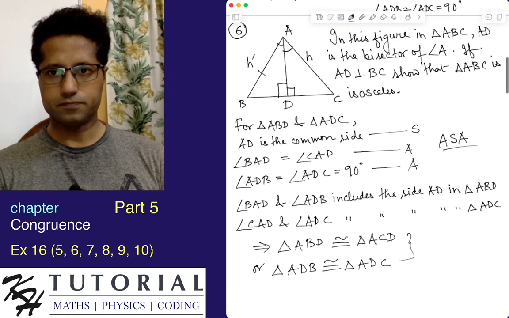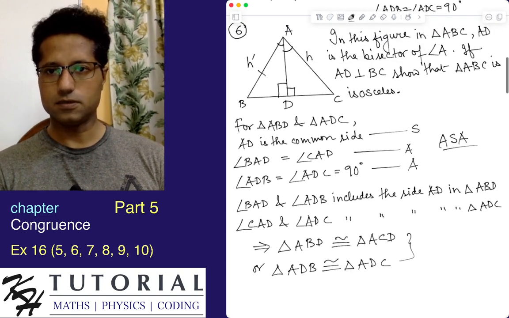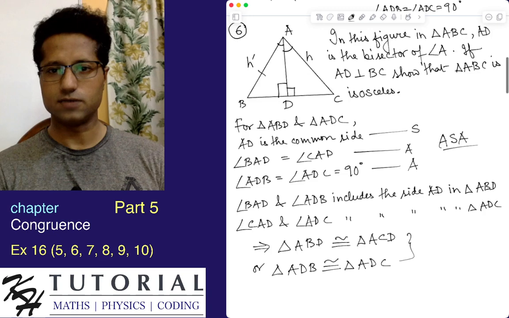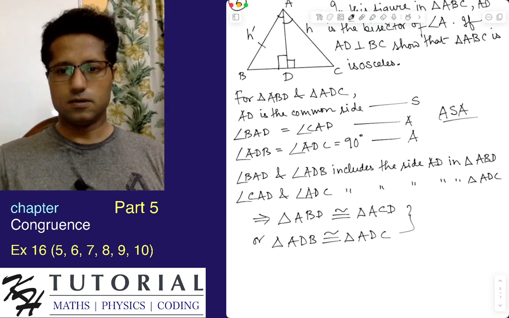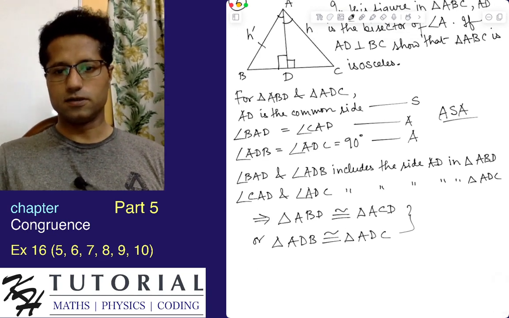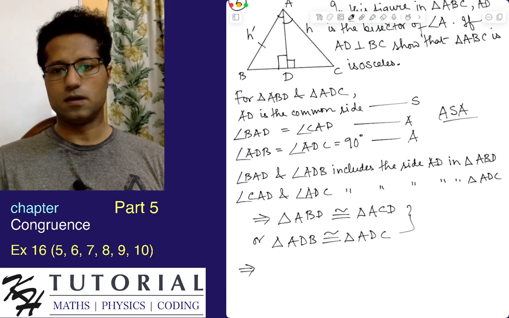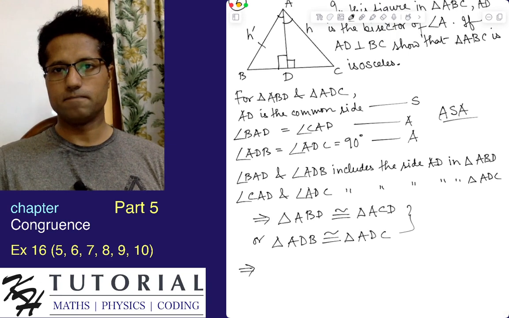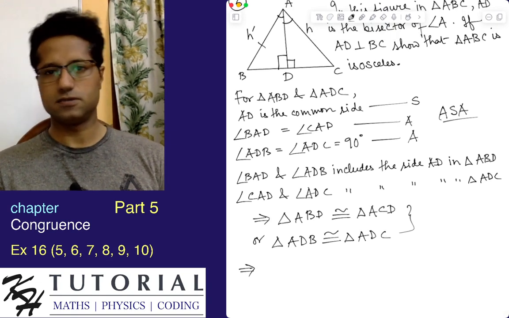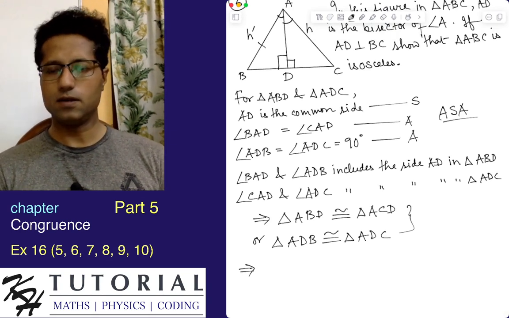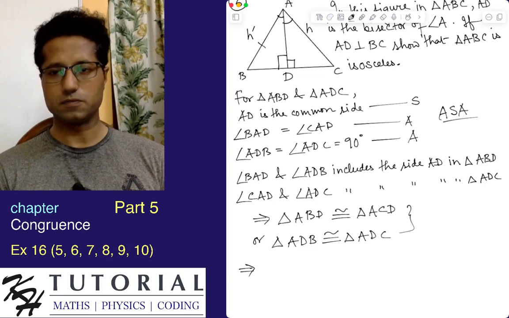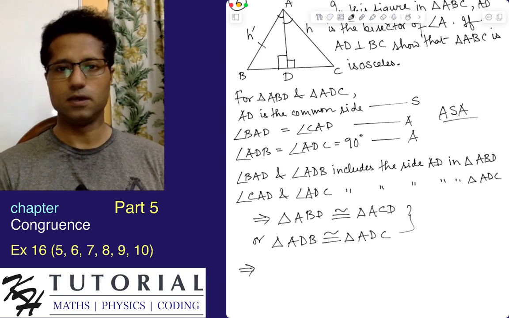Now the problem is to show that triangle ABC is isosceles. Since these two triangles are congruent, this will imply all the corresponding sides of the two triangles will be equal, and all the corresponding angles will be equal.